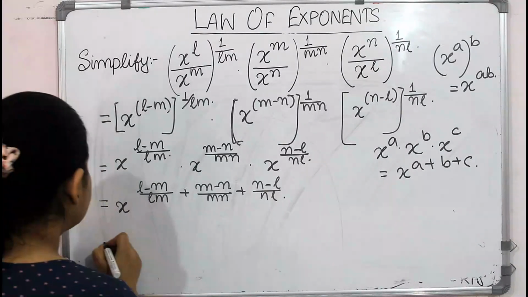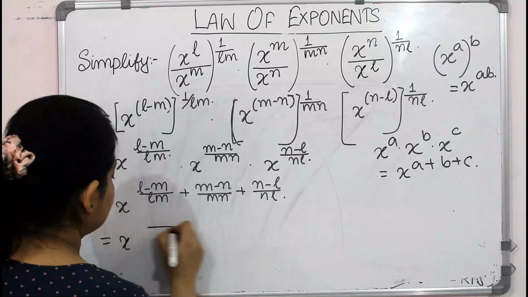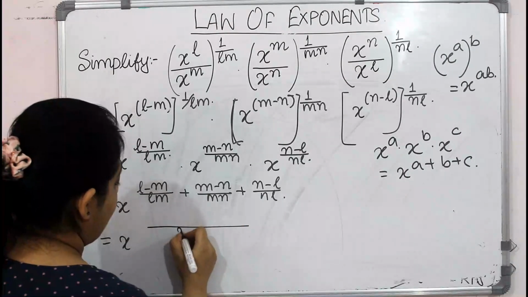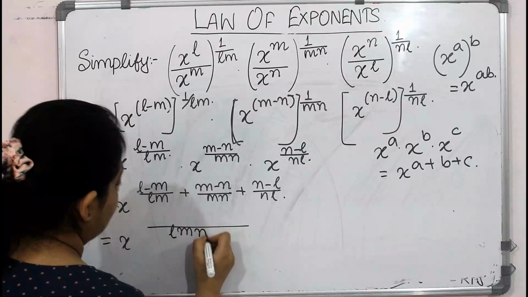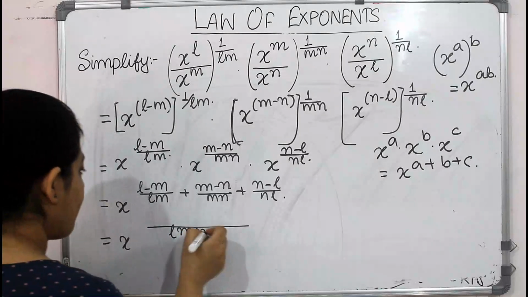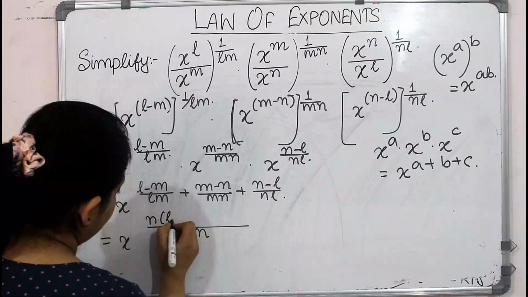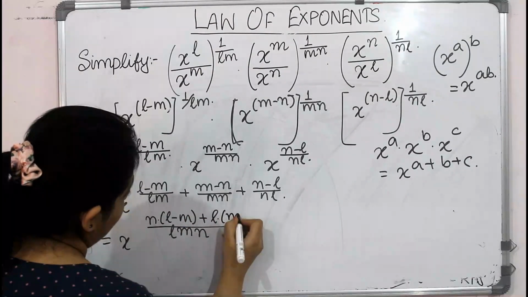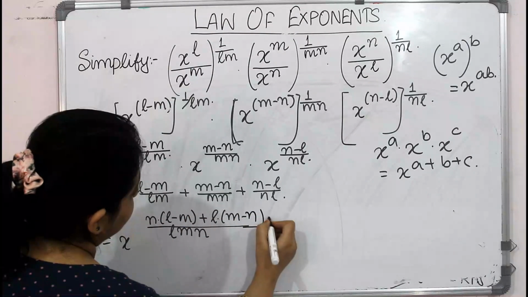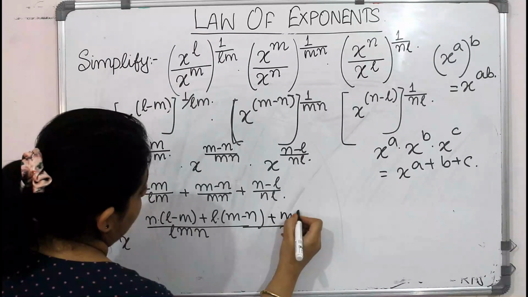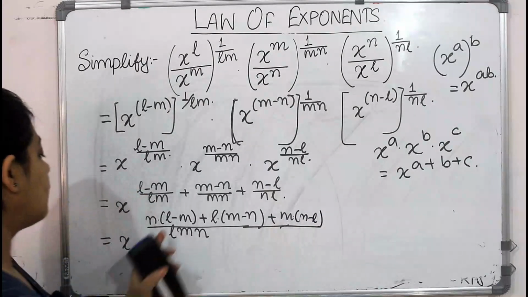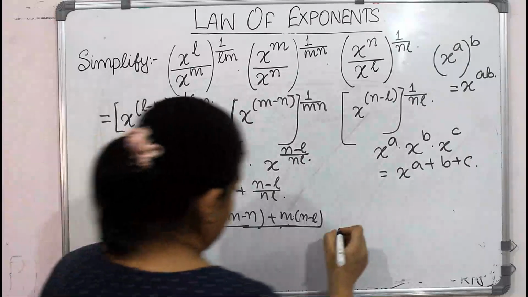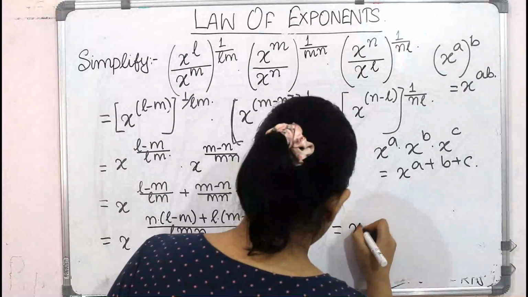Now you take the LCM as lmn. Now from that, n into l minus m plus l into m minus n plus m into n minus l. Now try to multiply this to all the terms.